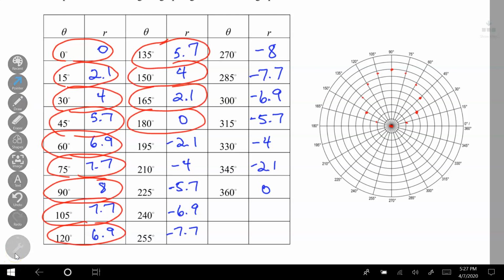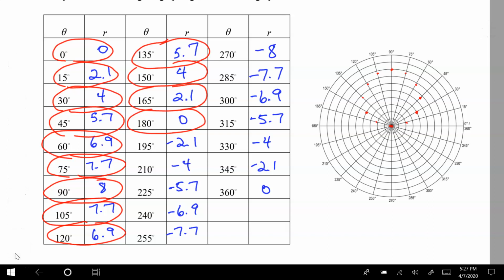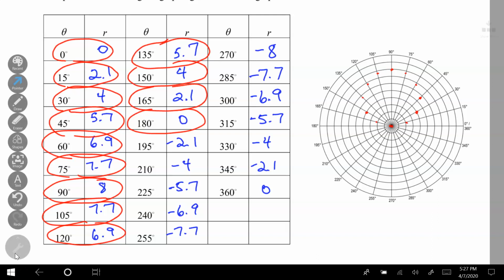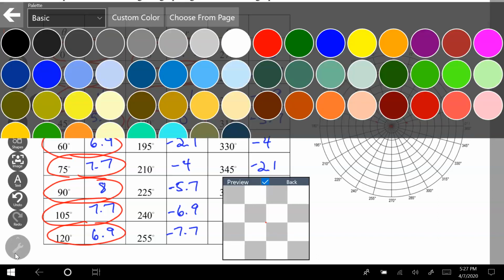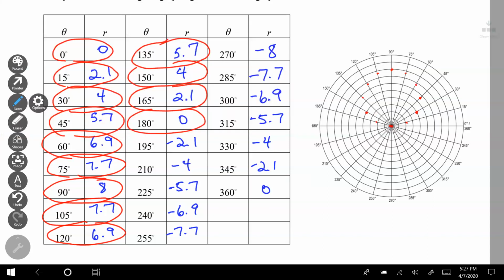So as you can see, I did the first half of the table by all the red dots. Now I'm going to start doing the second half of the table. I'm going to change the color to yellow dots. And we're going to see how this is going to change. Because the first one I have to do is 195 degrees, negative 2.1. Well, here's 195 degrees, but this would be positive 2.1 if I go towards the 195.